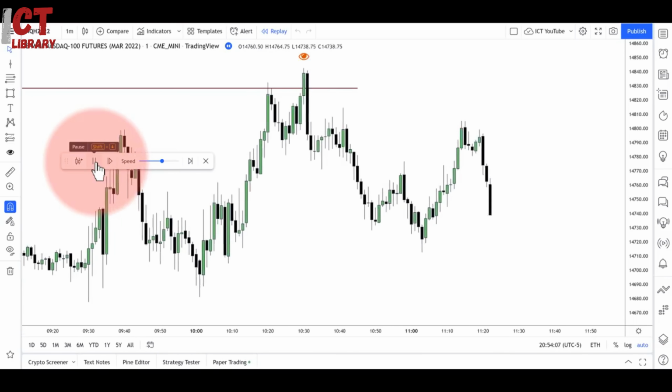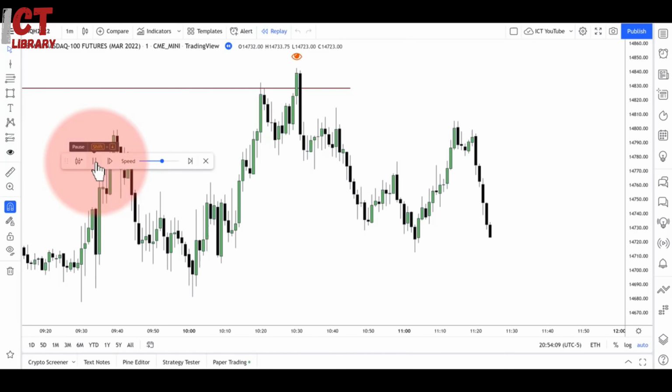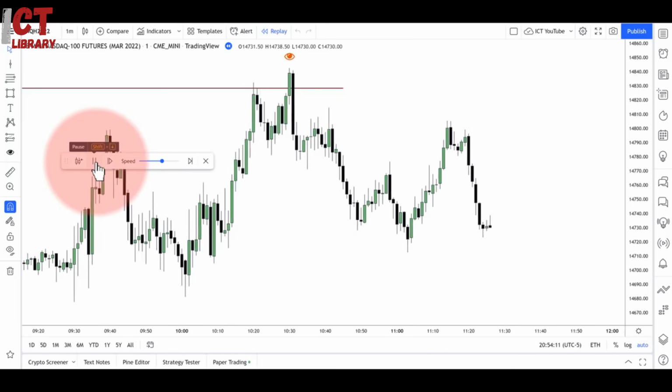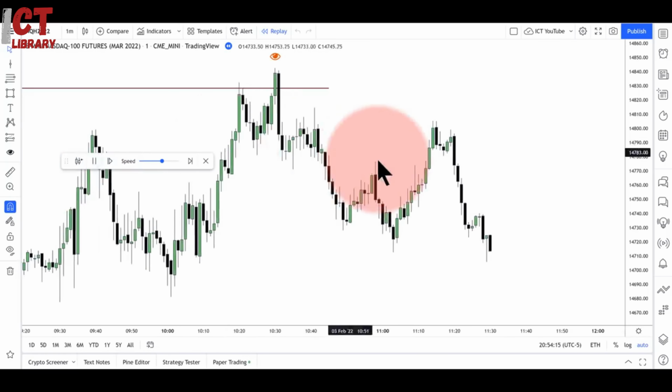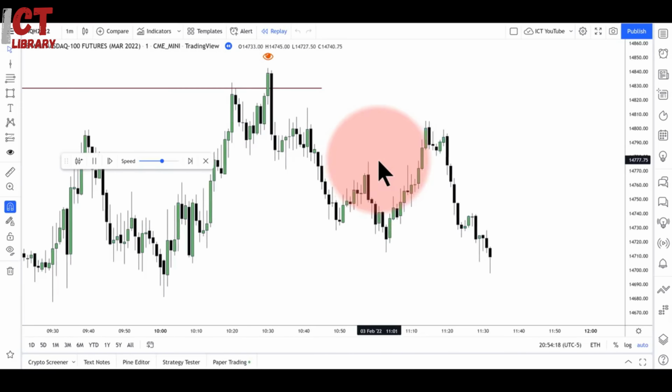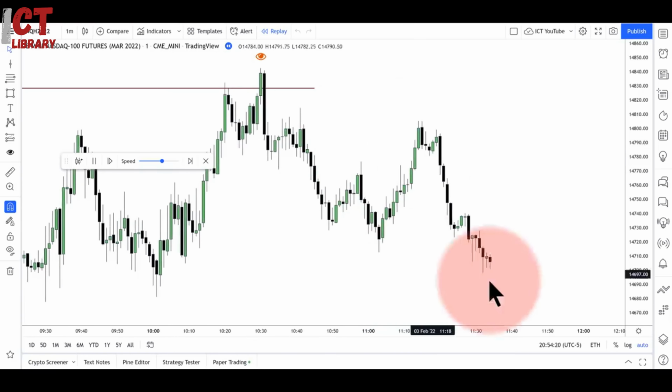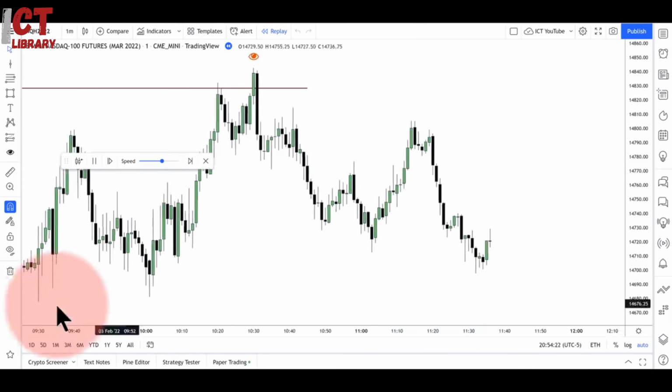Trust the bias. That type of move right there is intended to upset traders and get them out. And if they trail their stop loss too short and aggressively, they get knocked out right before the big move comes down and takes out the lows down here.